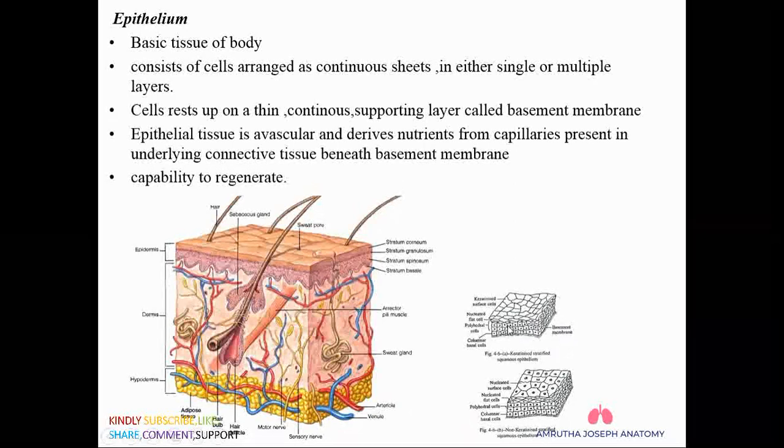Now all the cells are going to rest on a support, a membrane. Not all the cells actually, but the basal cells, the cells seen at the bottom, are going to rest on a membrane, and this membrane is called the basement membrane.